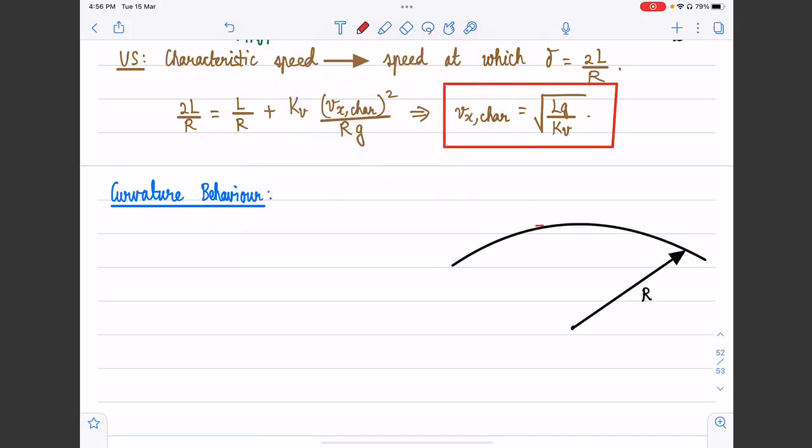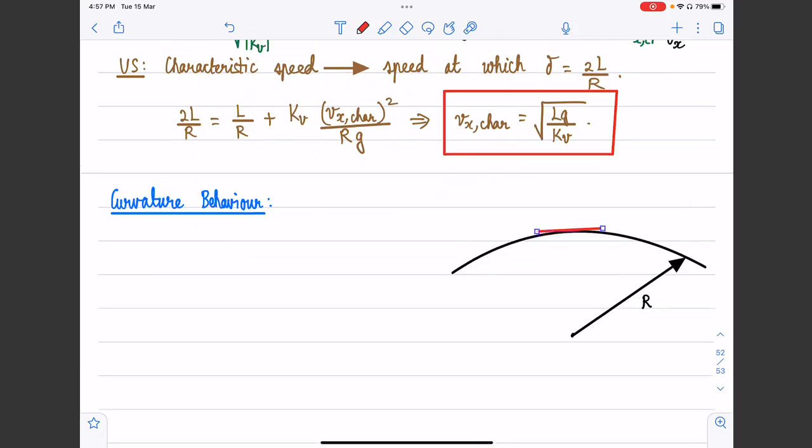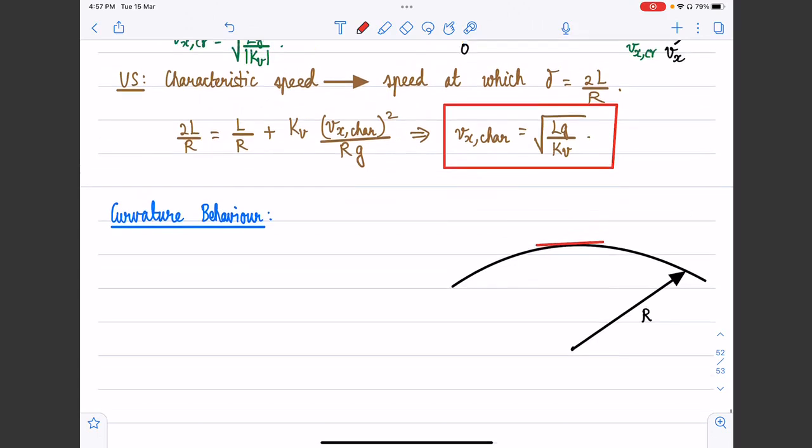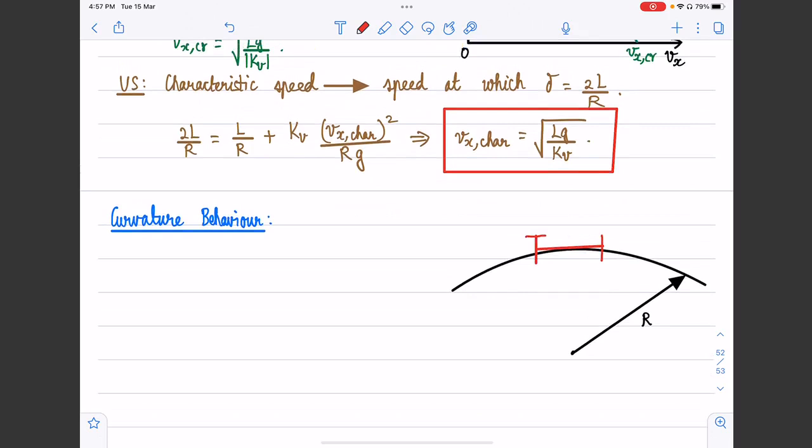Let me just draw a diagram. Let's say we have a four-wheel vehicle which is traversing this curve, taking the turn on this curve. So we have four wheels.